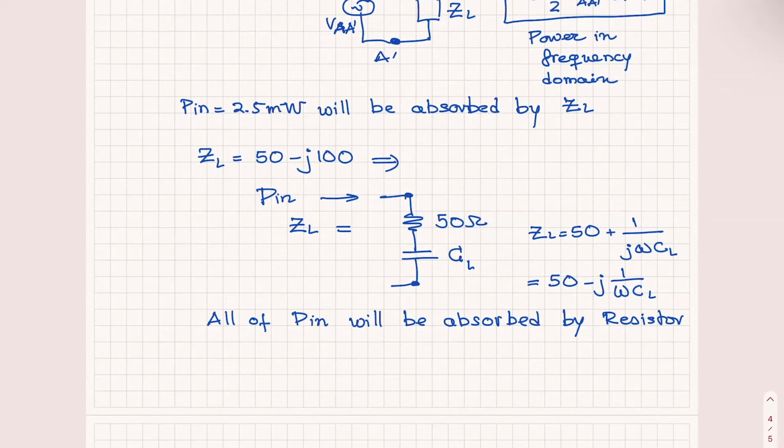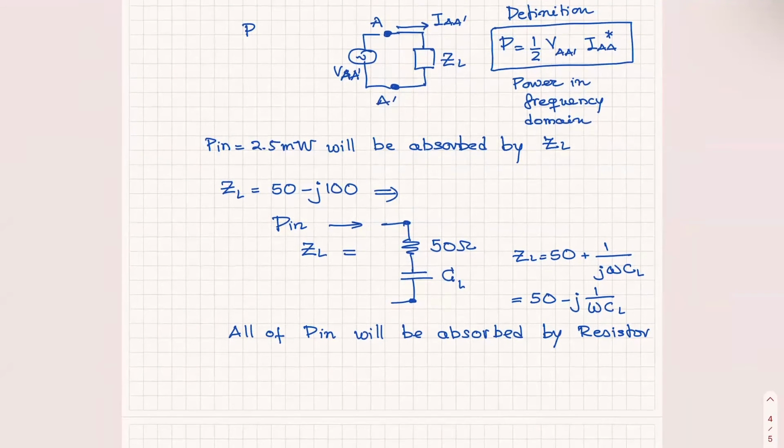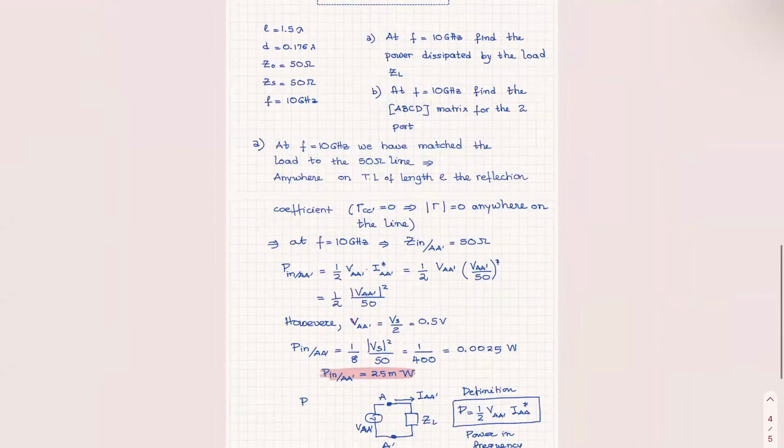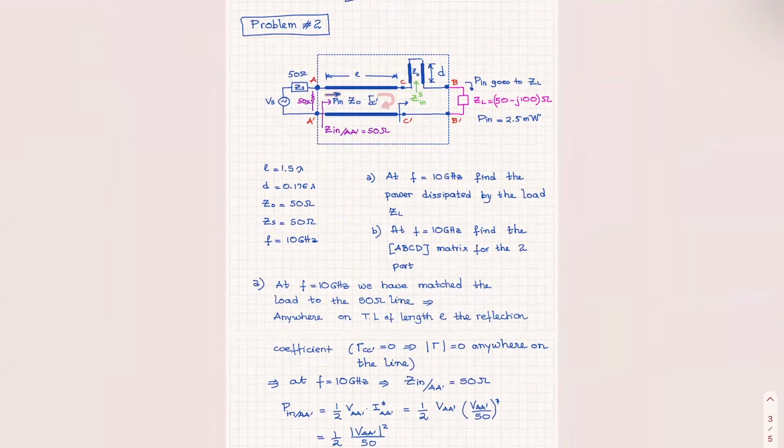Instead of being dissipated in the resistor, it is radiated if it's an antenna. But all of the real power goes to this resistor. So that is the first one.